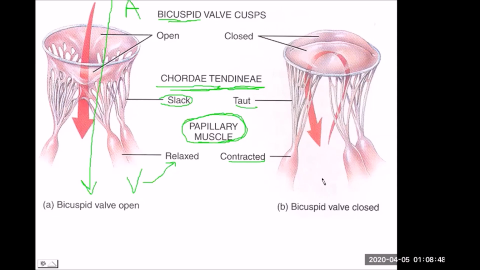And just like the illustration shows, blood is forced against the AV valve, but they're prevented from inverting, and blood cannot flow up into the atria. Instead, that blood and the pressure is forced against the semilunar valves, and blood can flow out of the heart, out of the ventricle.